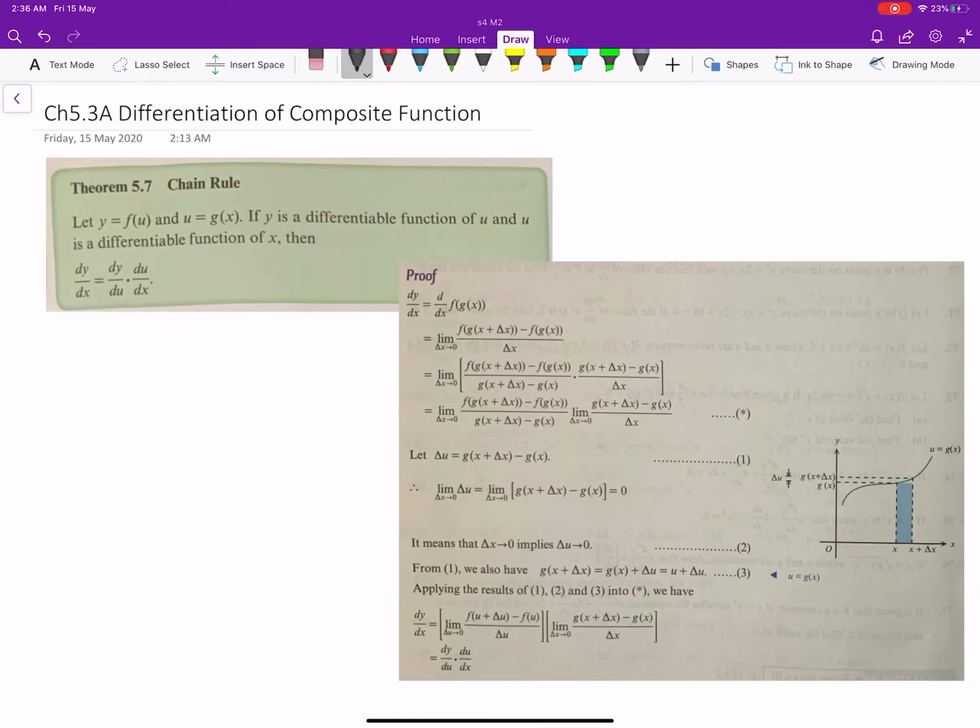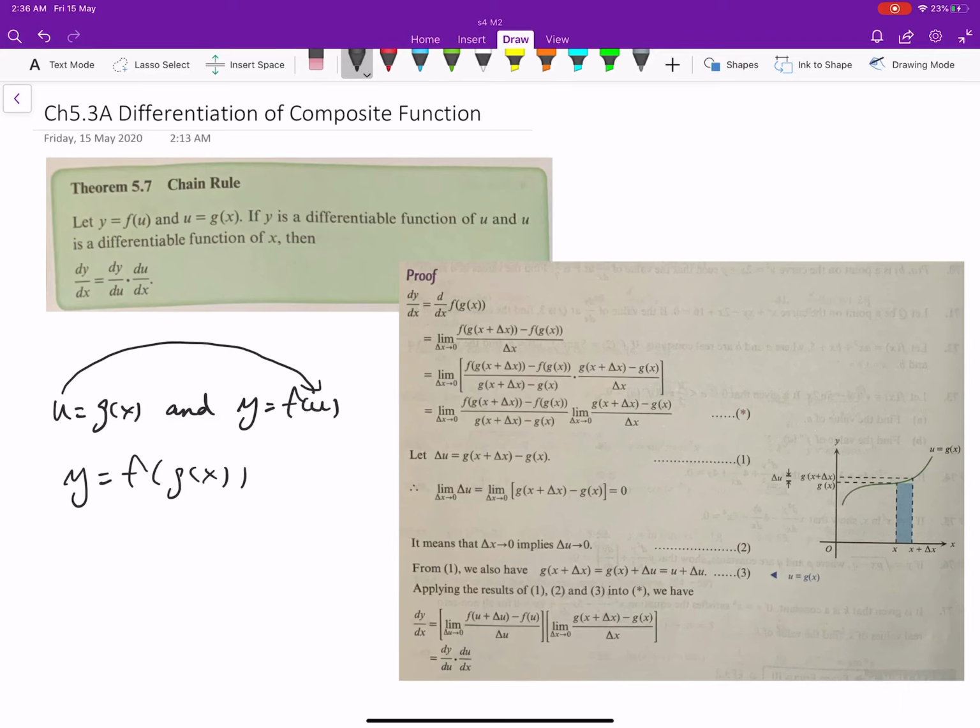So today we will start chapter 5.3, the differentiation of composite function. So let's look at what is composite function. If you have u equals g(x) and another function y equals f(u), then you can put this u inside this function to make it become y equals f(g(x)). And this function is a composite of the function f and the function g.